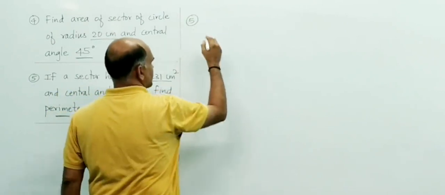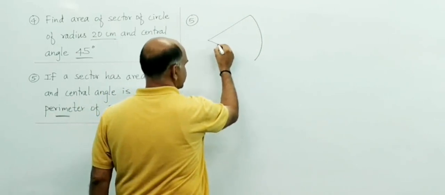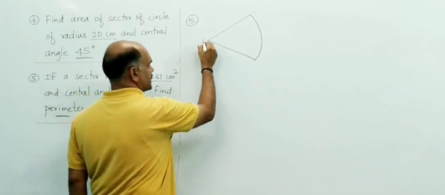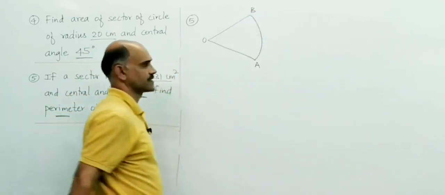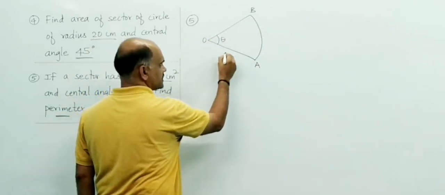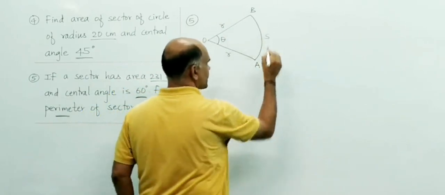If I take a rough diagram, there is a sector OAB. This is theta, this is R, this is R, and this arc AB is arc length S.